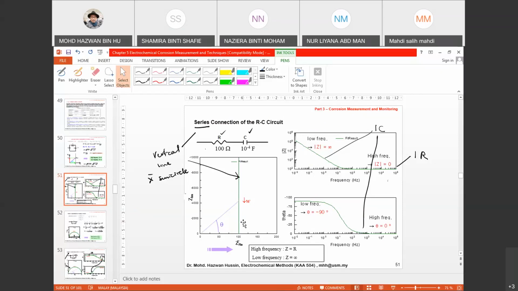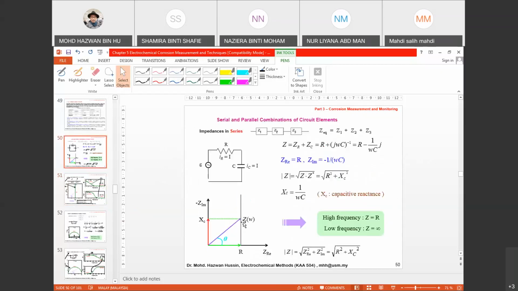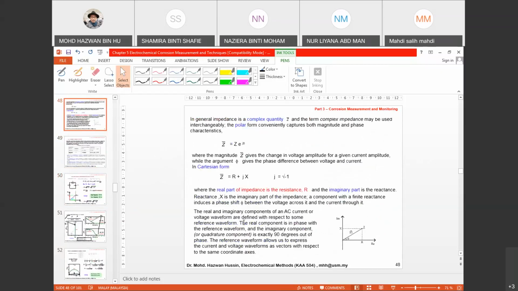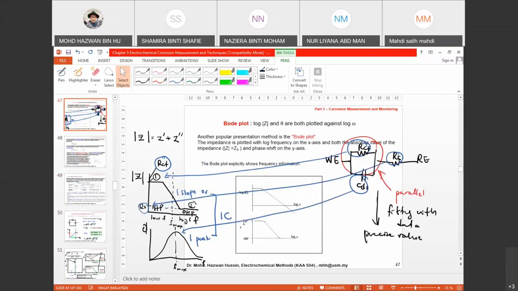Any other questions so far? If you feel it is a bit heavy today, the theory part of EIS is a bit difficult to understand because it is a combination of physics and electrical engineering, which is not really our cup of tea.